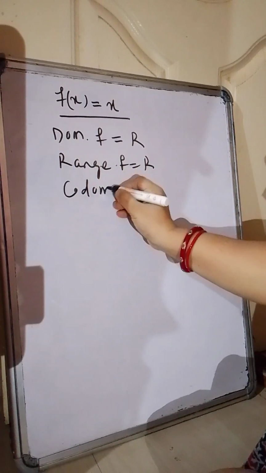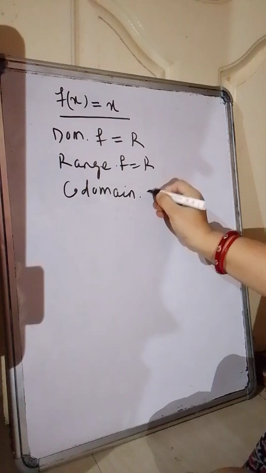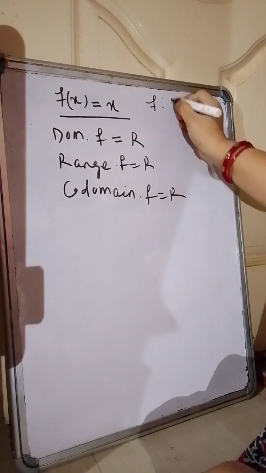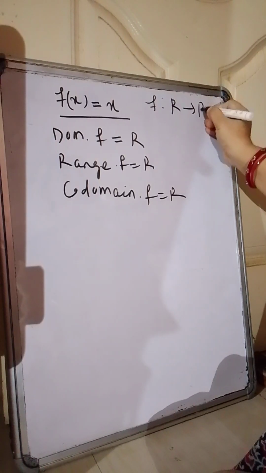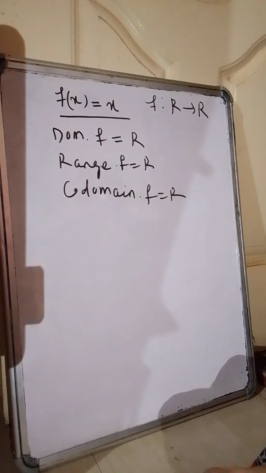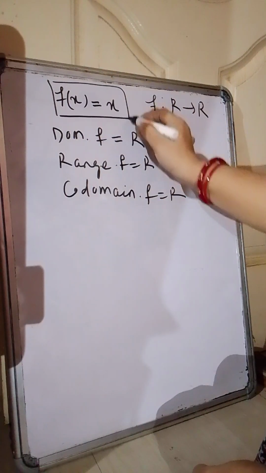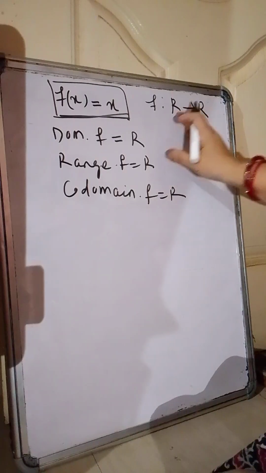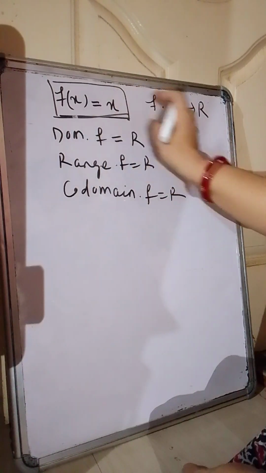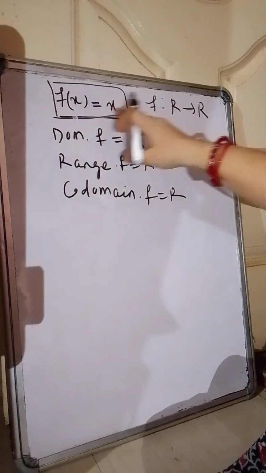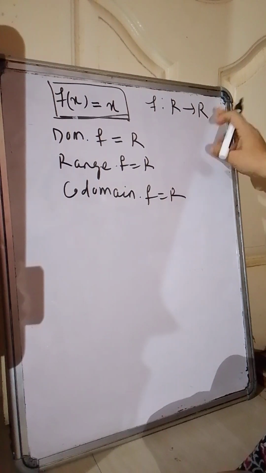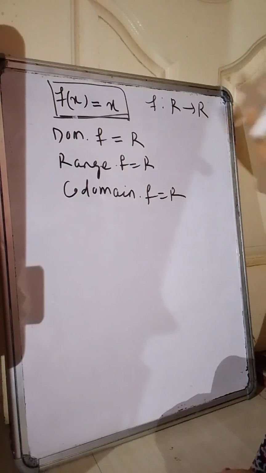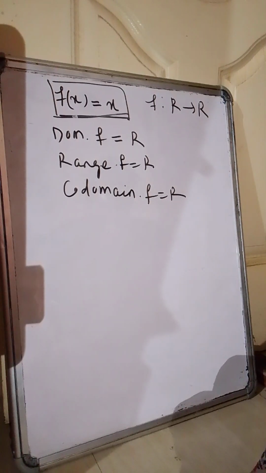The codomain of the function is the real number set, because we define the function f from the set of real numbers R to the set of real numbers R, such that f of x equals x, where this x belongs to the domain R, and the range also belongs to the real number set.